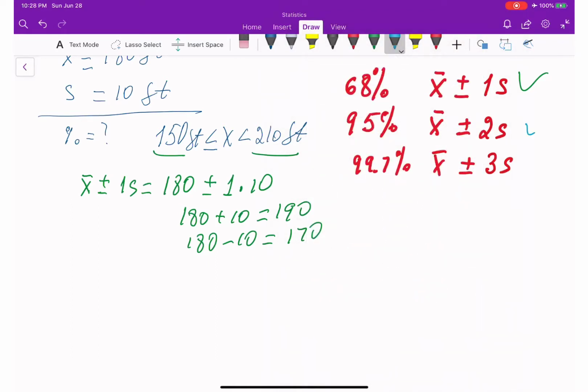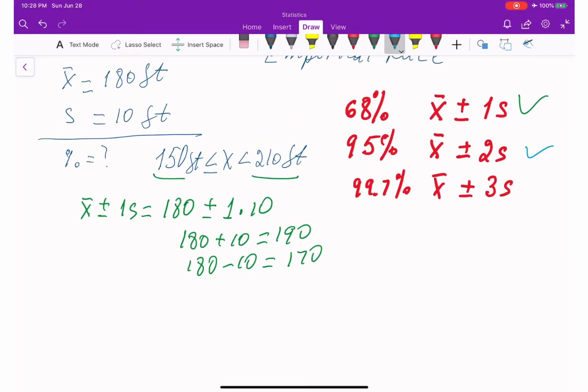Now we are testing two standard deviations. x bar plus or minus two standard deviations is 180 plus or minus twice 10.